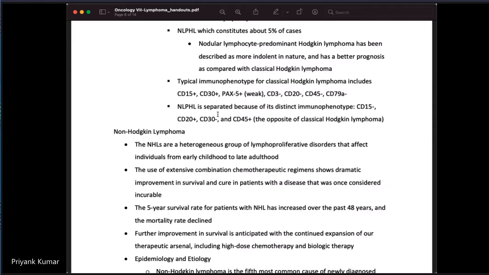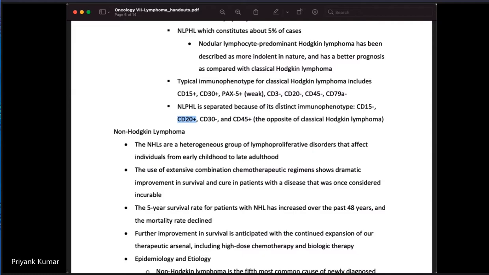In classical Hodgkin lymphoma, CD20 minus was the marker. In NLPHL, CD20 plus is the marker. So just remember that. You have to remember only the markers of one, and then the markers of the other are exactly opposite.